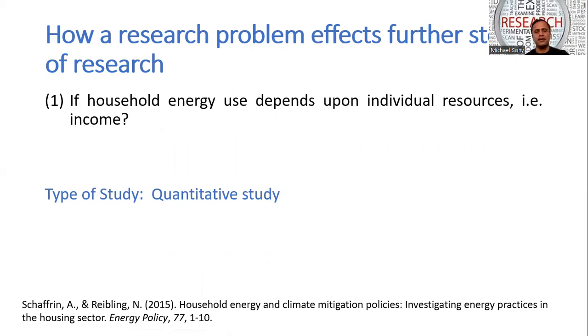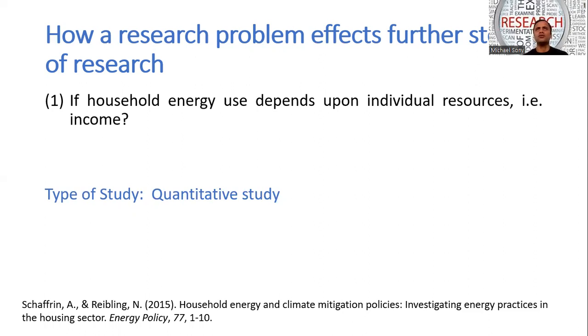Another study talked about household energy and climate mitigation policies, investigating the energy practices in households. So, if a researcher wants to investigate whether household energy depends upon individual resources, for example, income.